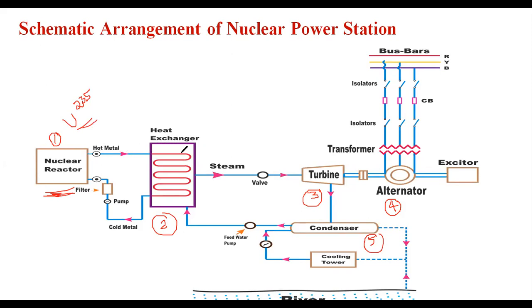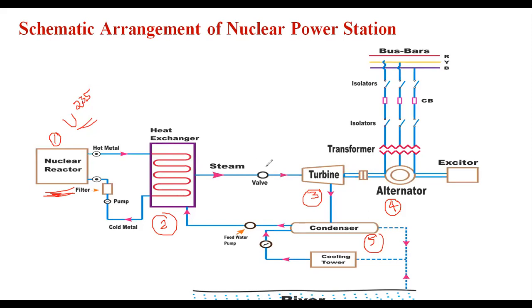The hot metal is sent to the heat exchanger. In the heat exchanger, steam is produced. That steam drives the steam turbine with high pressure and temperature.